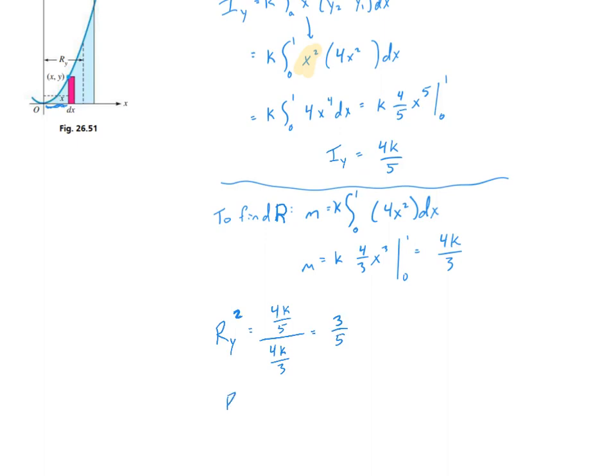To find the radius of gyration, r sub y, take the square root of 3/5, and we could write that a couple of different ways, but I just want to write it as radical 3/5. But if we did approximate it, let's write that down also, you would get 0.775, that is approximately.